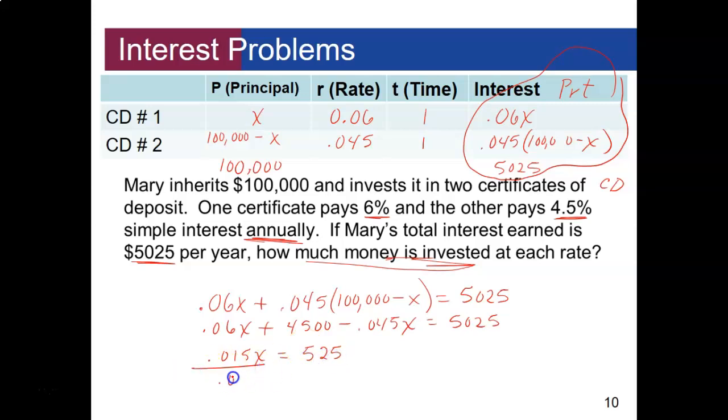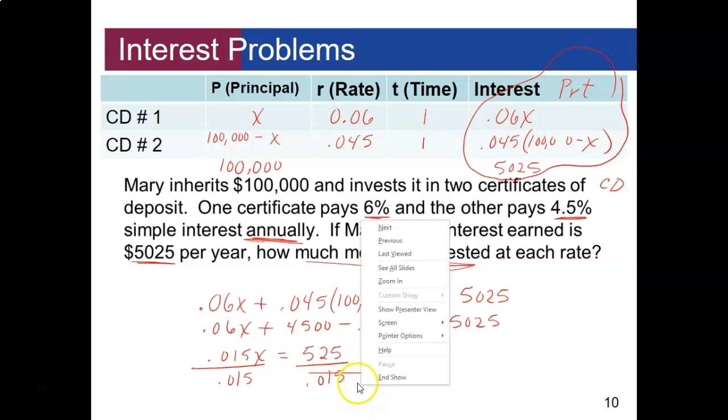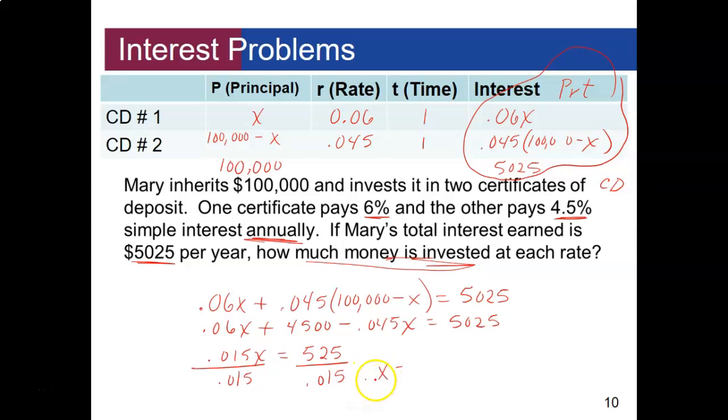I'll divide by 0.015, and I'm going to get x equals 35,000.